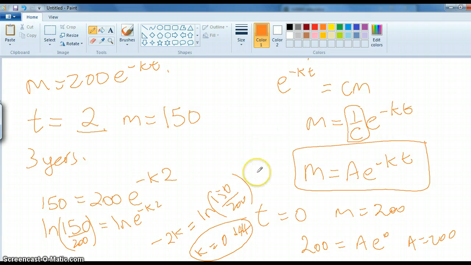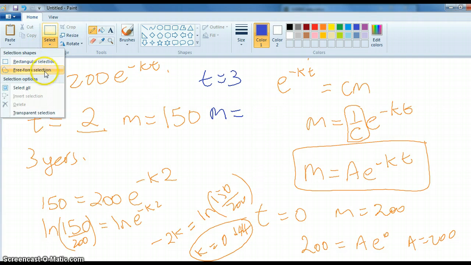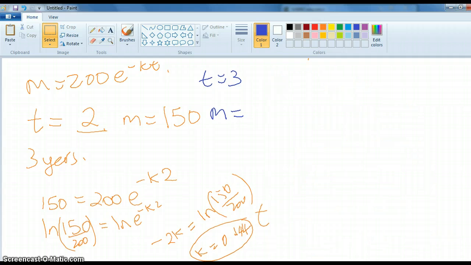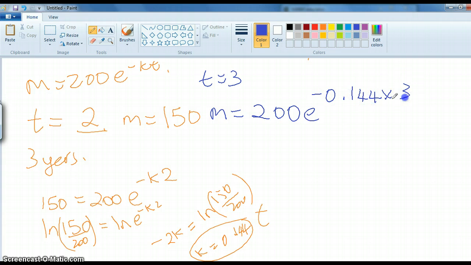Now I need to plug in when t is 3. So now I've got t equals 3 years, and I've got m equals 200 e to the negative 0.144 times 3.